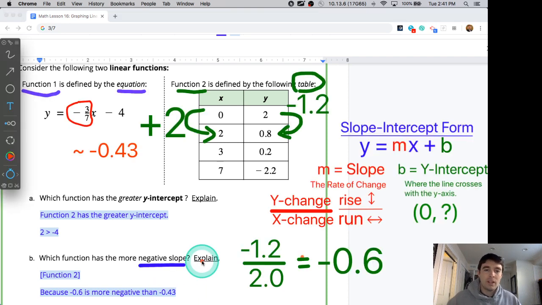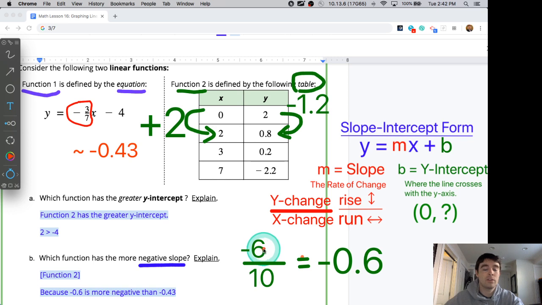A better way to do that would probably have been to have left this as a fraction. Negative 1.2 over 2.0, you could change that to ultimately say negative 12 over 20. And then you could simplify that to negative 6 over 10, because they're both even numbers.